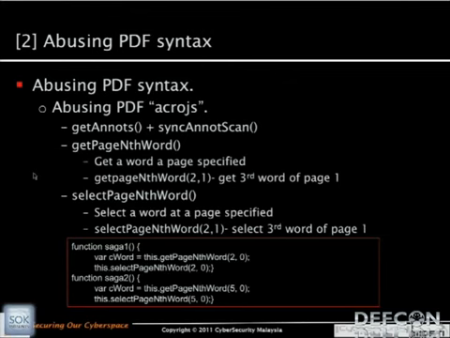For example, get page and word basically tries to get a word on a specific page, and get page and word to 1 gets the third word of page 1. You can also select based on page. This is normally implemented with obfuscation on the PDF. For example, this is one of the functions; you can see get page number and select page number.